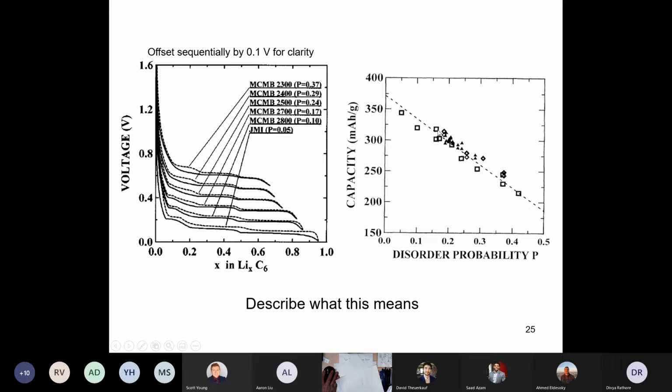And the different triangles and squares and diamonds are different soft carbon precursors. Okay, so one might be coal tar pitch, one might be petroleum pitch, one might be needle coke, I don't know. But you can see that they all follow the same trend.